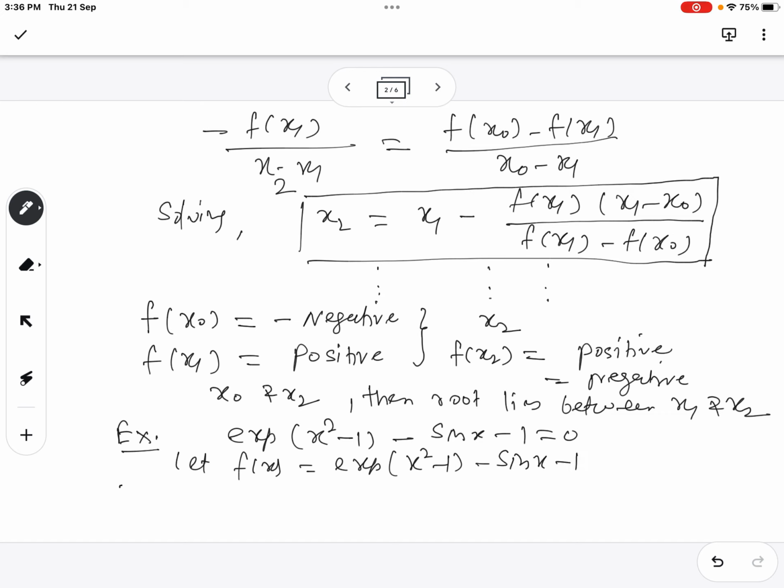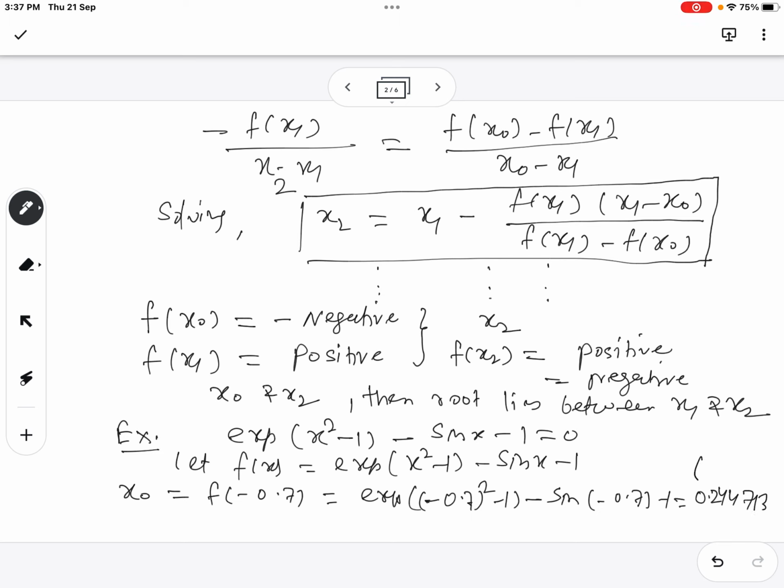Now we find the function value at x0 equal to minus 0.7, and this comes out to be 0.244713, that is, it is positive.